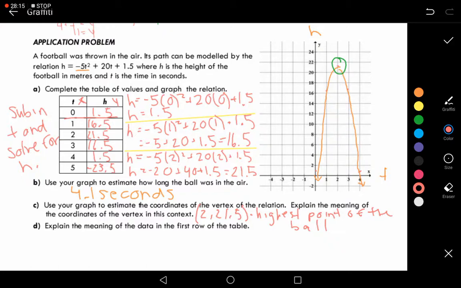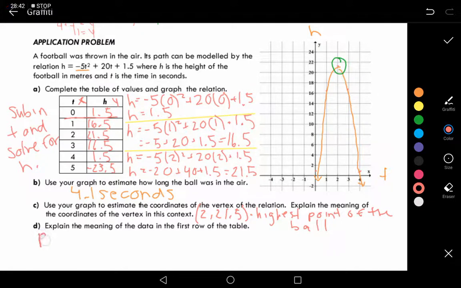Okay, so what that actually is telling us, obviously we don't throw a ball from laying on the ground, right? We're not laying on the ground and throwing the football, we're standing up. So that means that the ball was thrown from a height of 1.5. So when this person threw the ball, where their hand went as they threw was at a starting height of 1.5.